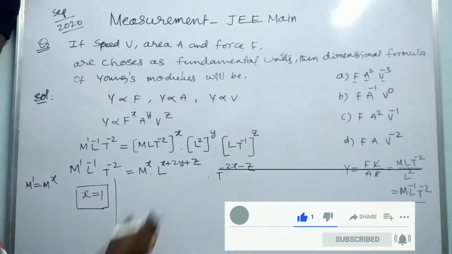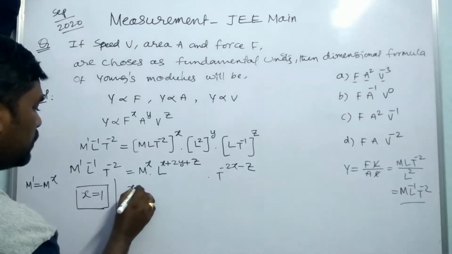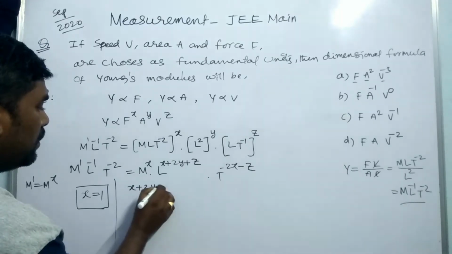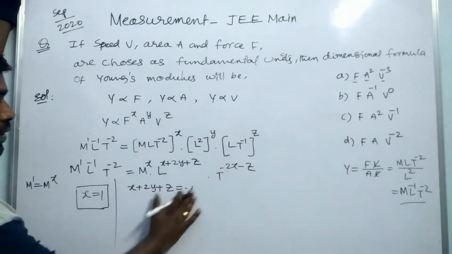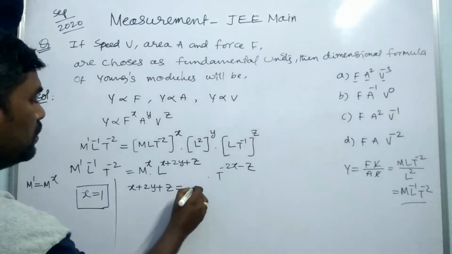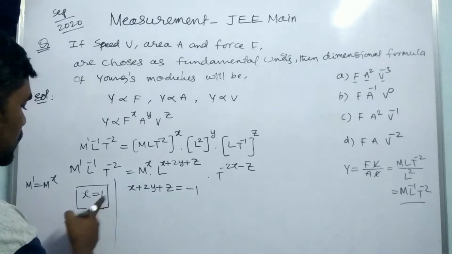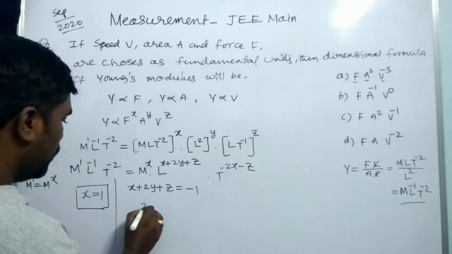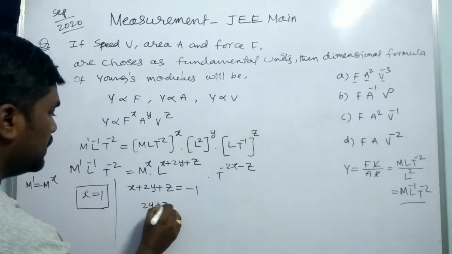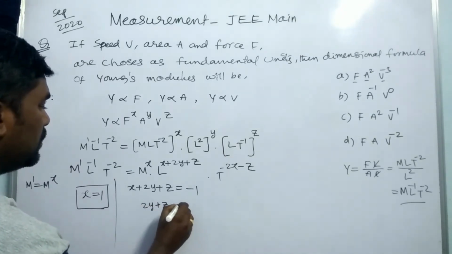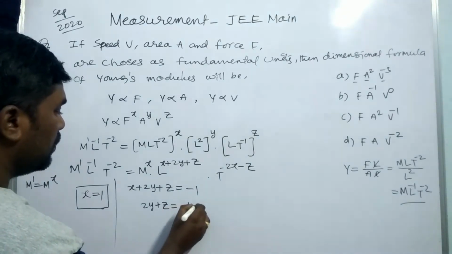Now let us come to the second factor, that is L. So x plus 2y plus z is equal to minus 1. Where x is equal to 1, therefore 2y plus z is equal to minus 1 minus 1, which is minus 2.